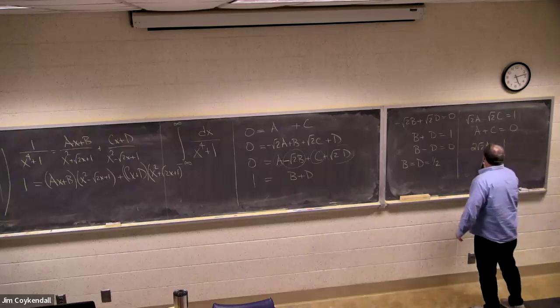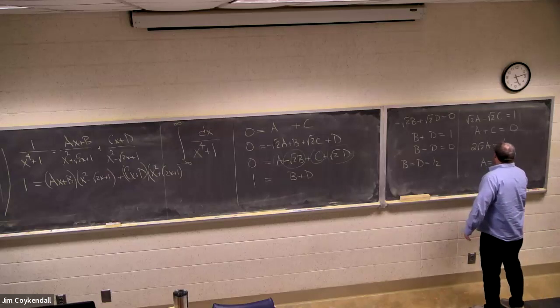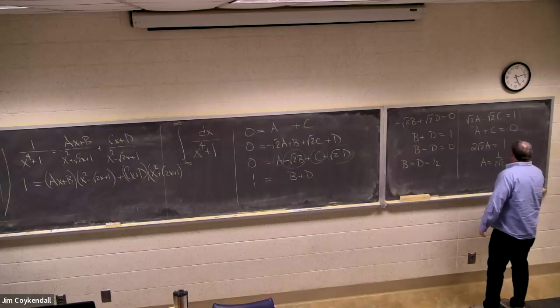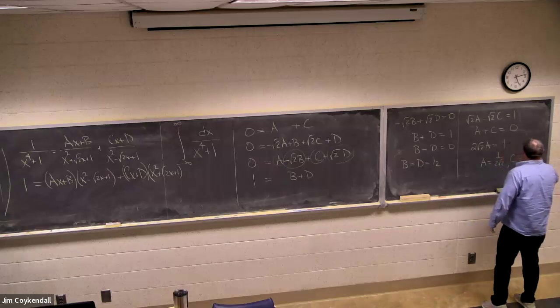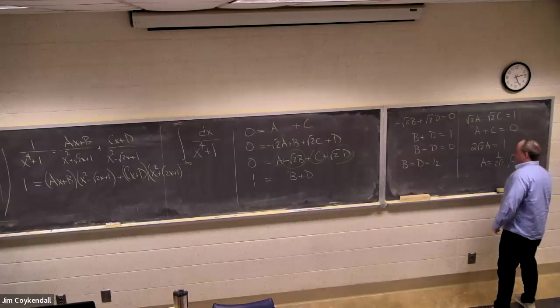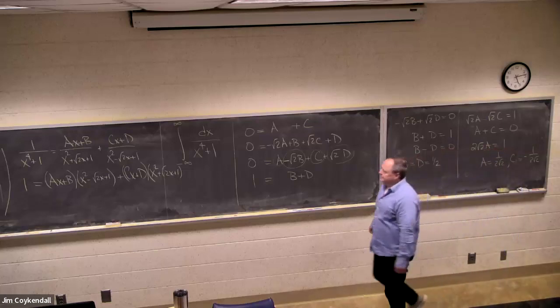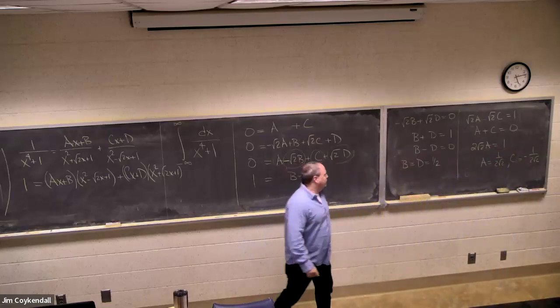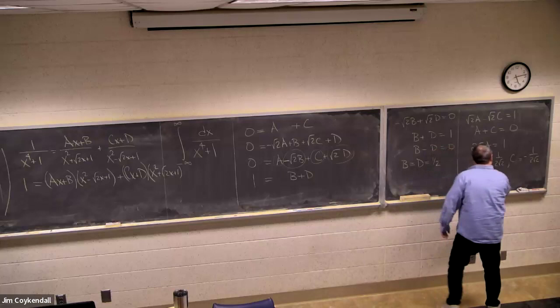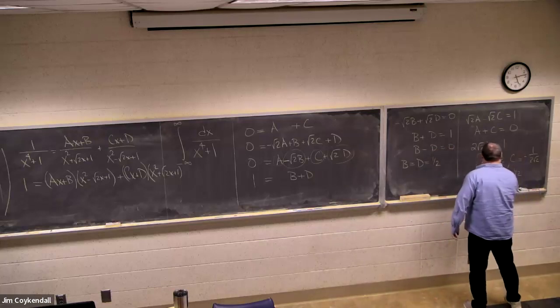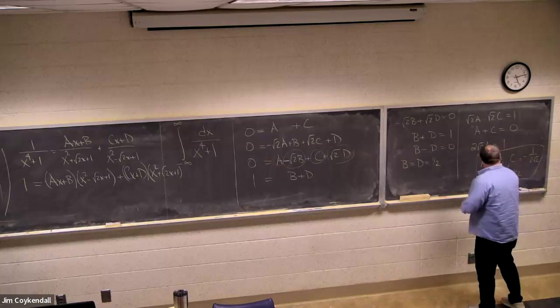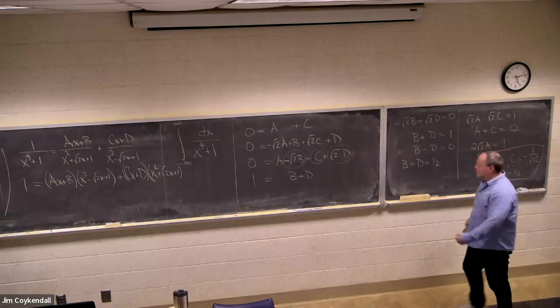And so I get a is 1 over 2 radical 2. b is, or not b, but c is minus 1 over 2 radical 2. Now I'm going to hold these in reserve now. Okay. Let's just remember those.